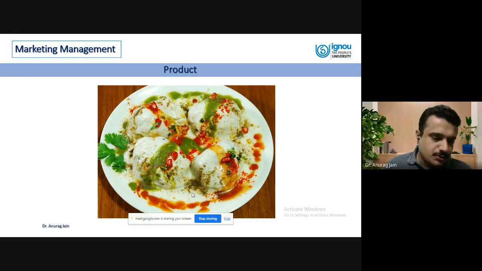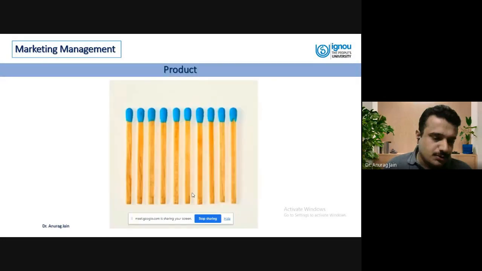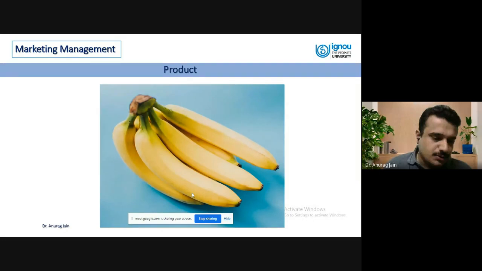It's a very delicious dish which you can find in street food markets, some restaurants or shops which offer food products. There is a bucket which we use on a day-to-day basis, which you are seeing on your screen, and there are some matchsticks which we also use and which are very widely consumed for home and industrial purposes.